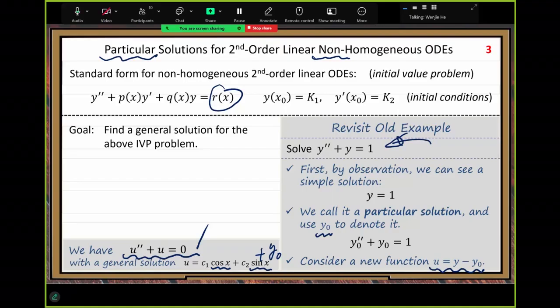Because y equals u plus y0. You add it back because you did subtraction before. When you want to get the final solution, you need to add that y0 function back to your u function. So you get the final solution of the non-homogeneous version of the second order linear ODE.